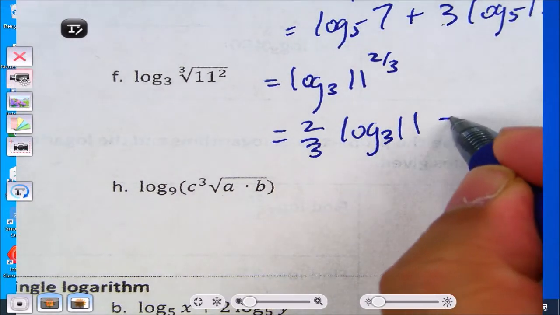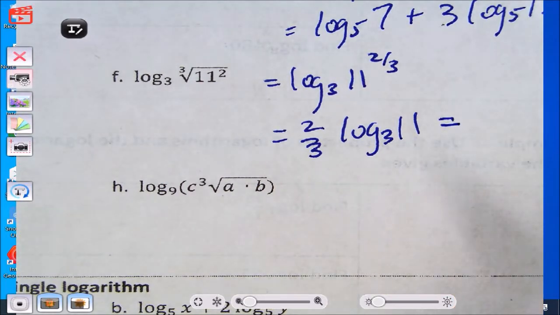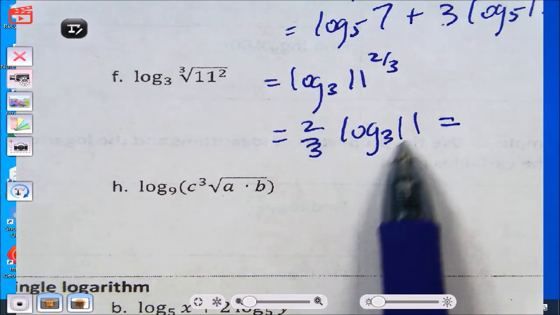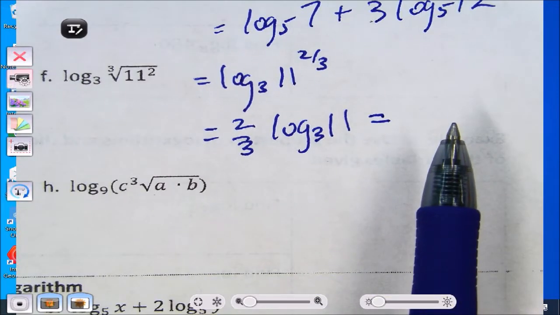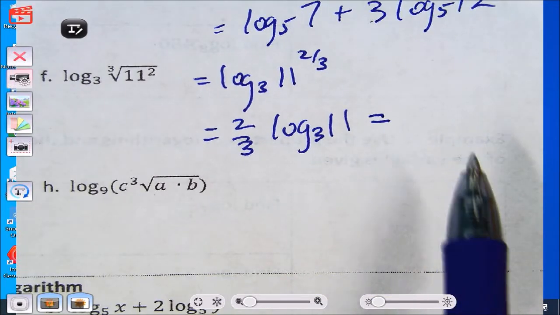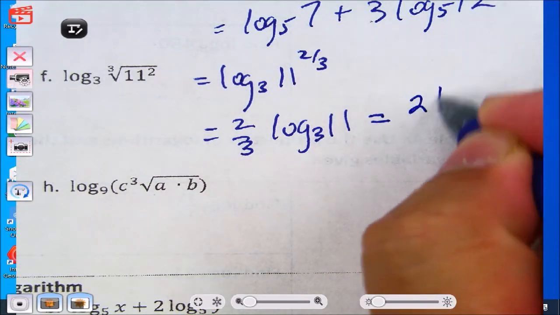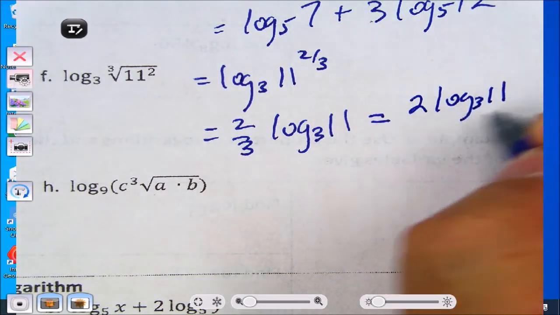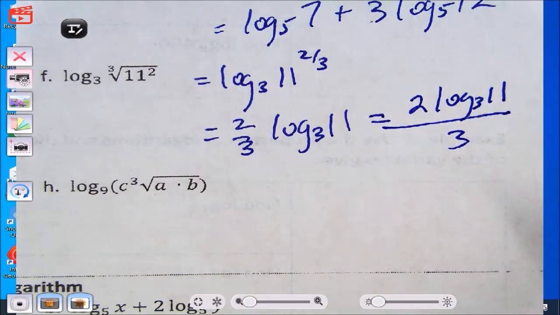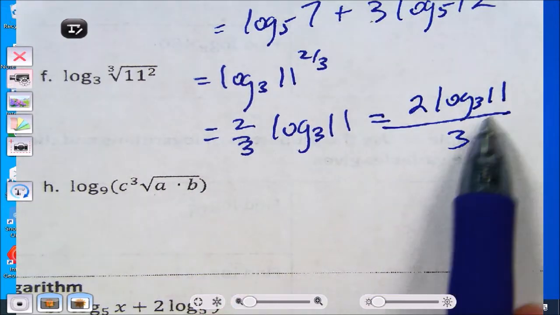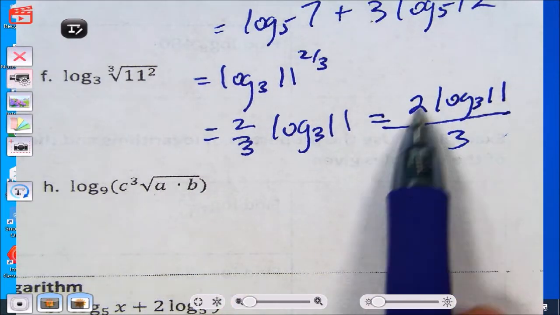Alright, so sometimes when we have a fraction like this, especially if the computer is generating the answers, it will write it like this. 2 log 3 of 11 over 3, like that. I prefer this way, but you need to be able to recognize that this is the same thing.